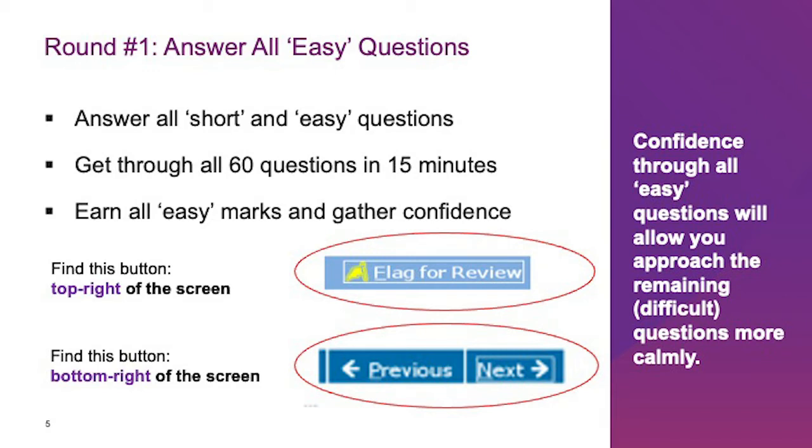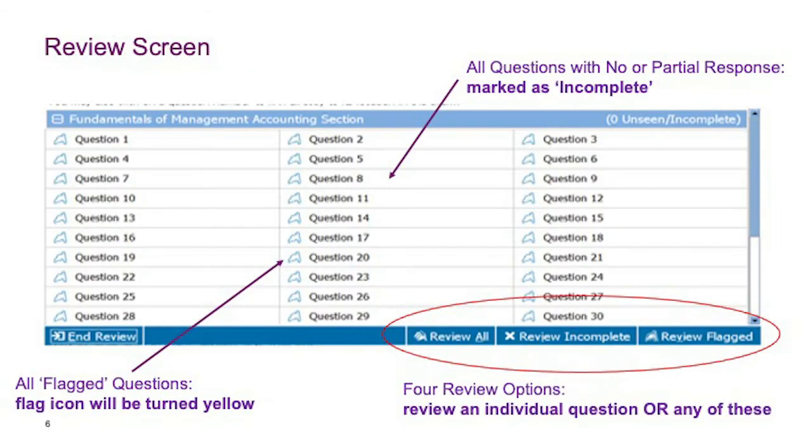All questions you have skipped and not answered will be recorded as incomplete for later review. Incomplete status may reflect a question with no response at all, or one where the answer is only partially complete, such as a multi-response question.